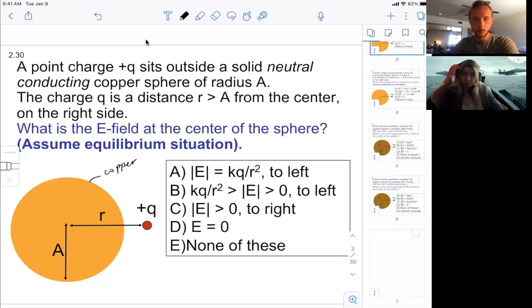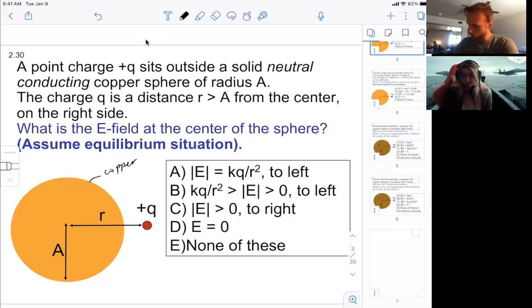Wouldn't there be an E field at the center due to this point charge outside? The copper sphere will be polarized, so the polarized charges will produce an induced E field to cancel the E field due to this point charge, giving you zero E field in the center.